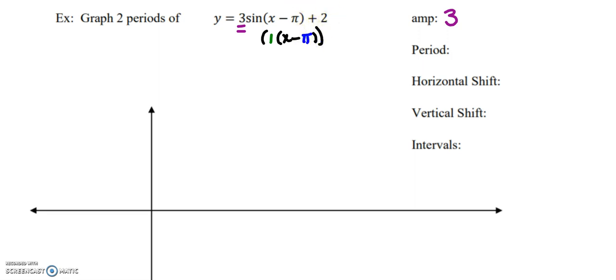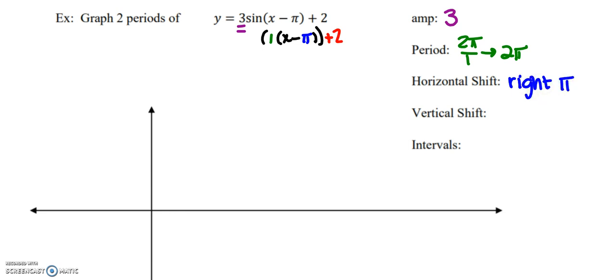And then we have this plus 2 going on, which I'm going to write in red. So our period's going to be 2 pi over 1, which is really just 2 pi. We've seen that before. The horizontal shift is going to be to the right pi units.